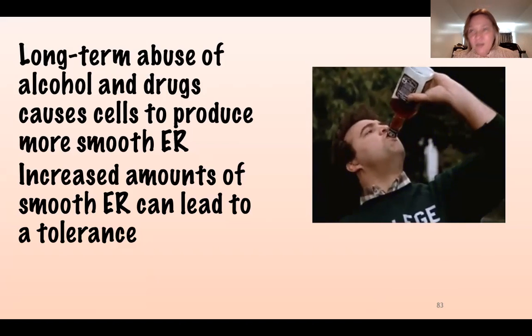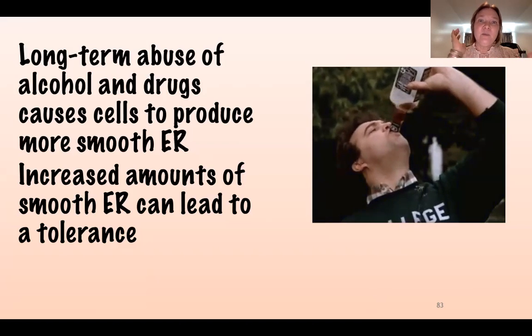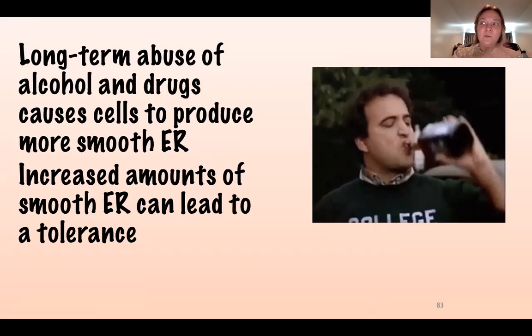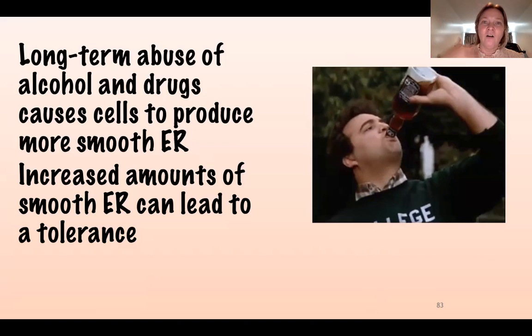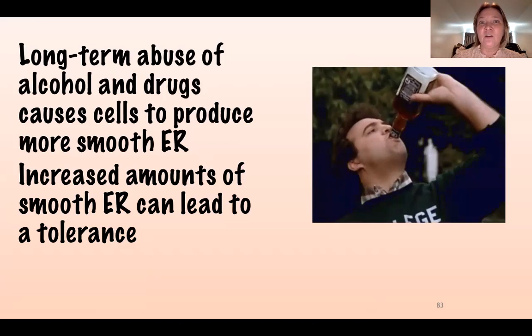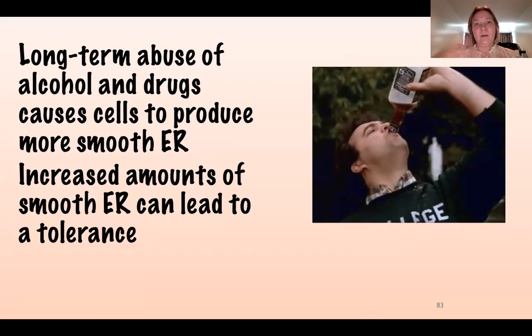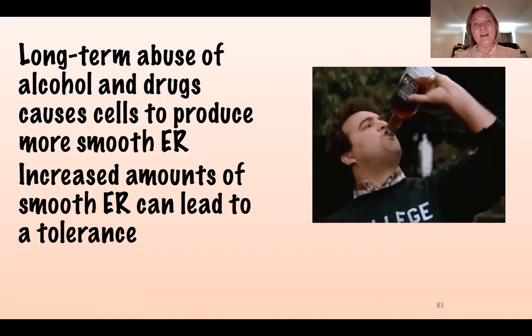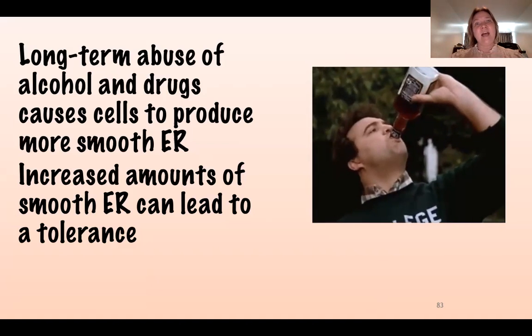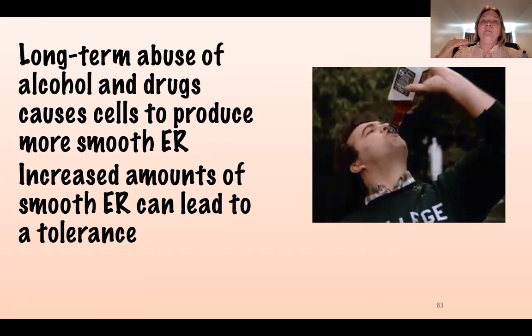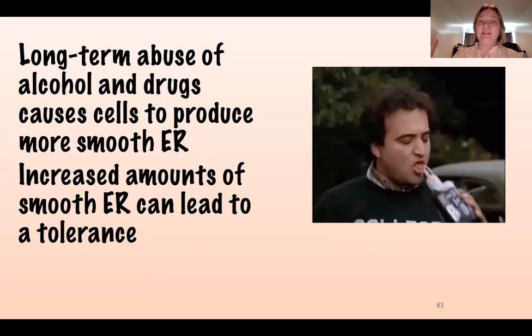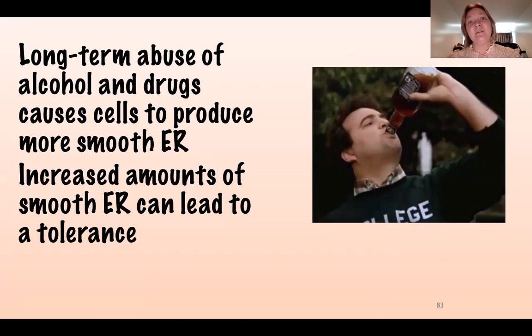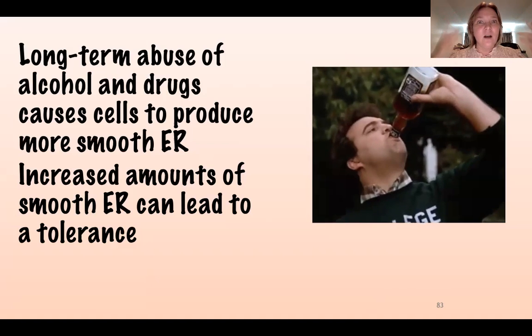So anyway, the point being, if your body is exposed to lots of alcohol over a long period of time, in order for your body to try to combat that and help your liver filter that out of the blood, it creates more smooth ER. But then having more smooth ER means that maybe not one glass of wine, maybe it takes a bottle of wine now instead, to have the same physical effect on you.